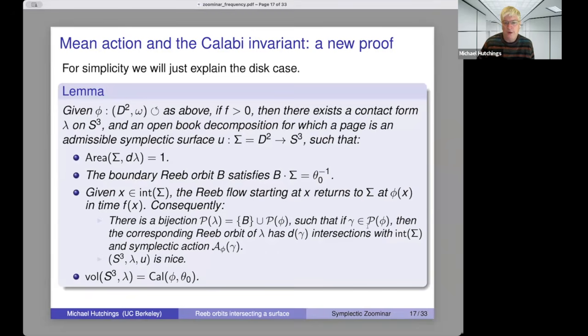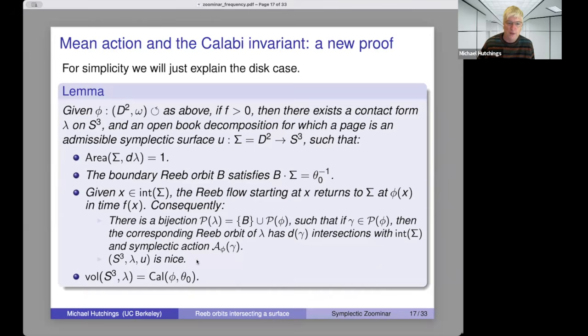And if gamma is a periodic orbit of phi, then the number of intersections with sigma is its period d of gamma, and symplectic action is a phi of gamma. And furthermore, the assumption that phi is a constant rotation near the boundary of the disk implies that this setup is nice in the technical sense that I defined earlier.